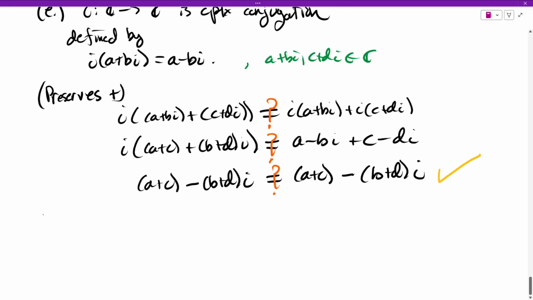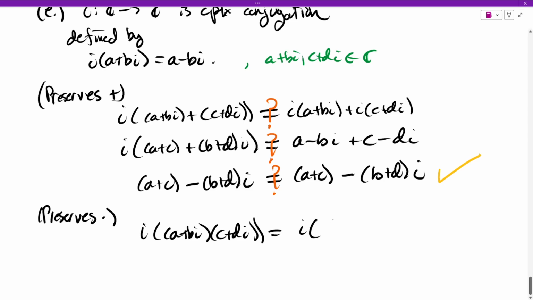Let's now check preserves multiplication. We have to ask: if we multiply before plugging into iota, and if we multiply after plugging into iota, do we get the same thing?